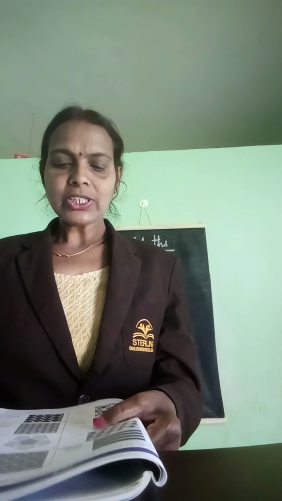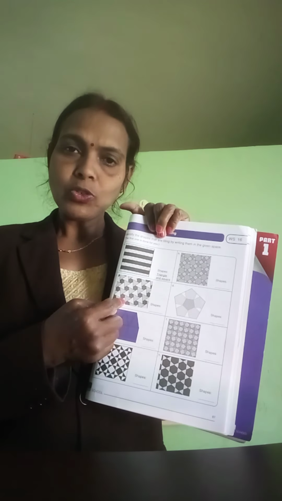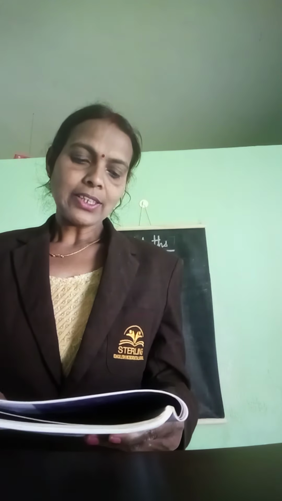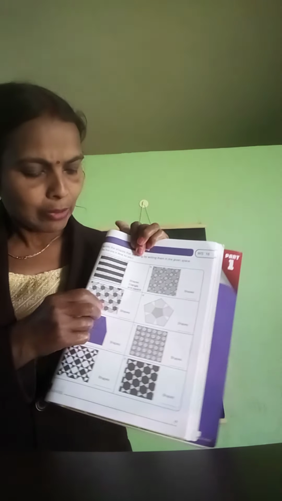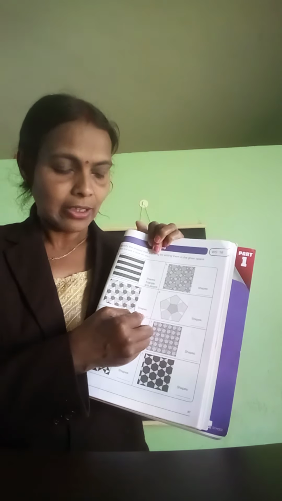Now the next picture is this one, C1. See here, what are the shapes you can see which are used for tiling? One is triangle, then another one is hexagon. If you see this shape, the dark colored portion, that is a hexagonal shape. So you write down triangle and hexagon.